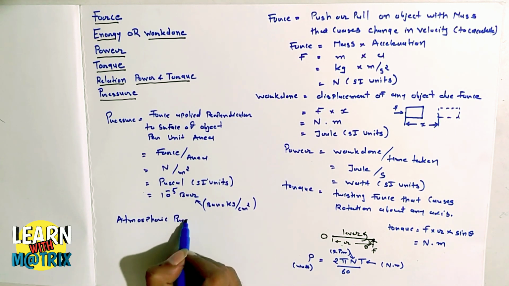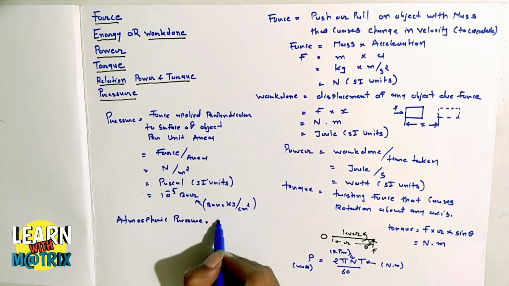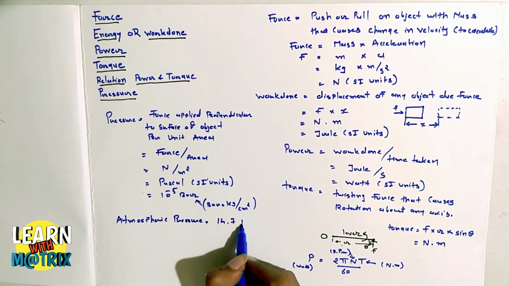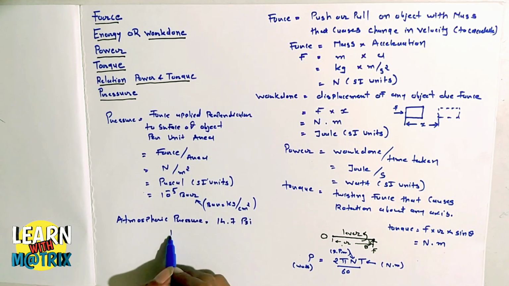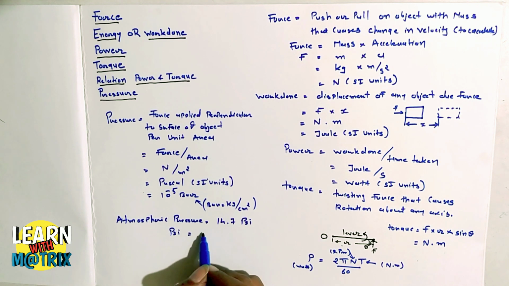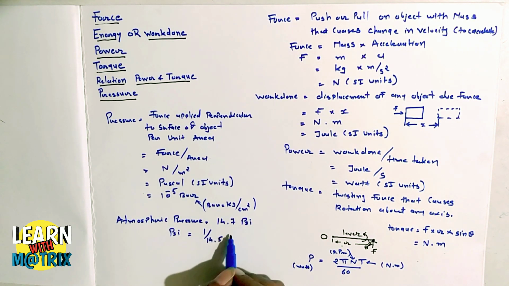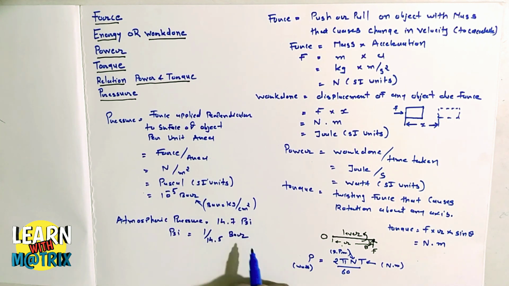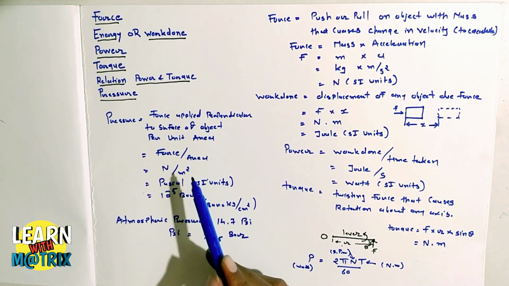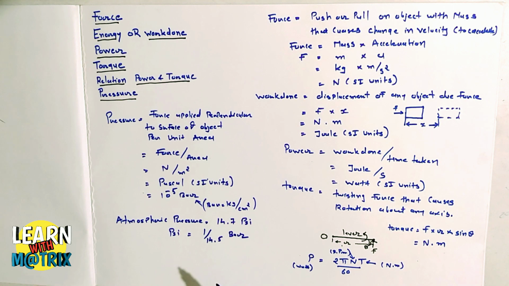Atmospheric pressure is around 14.17 psi. So what is psi? psi is equal to 1 by 14.5 bar. So friends, here you will see pressure has various units you can use for your calculation.